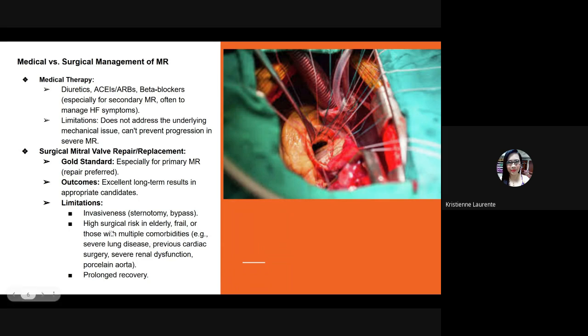For example, patients with severe lung disease, previous cardiac surgery, severe renal dysfunction, or porcelain aorta. It also requires prolonged recovery, as it is an open heart surgery.